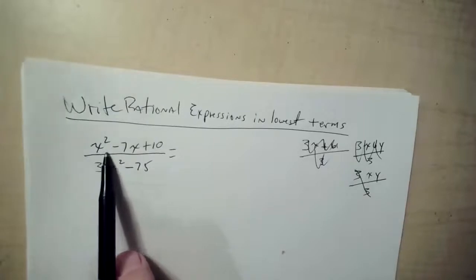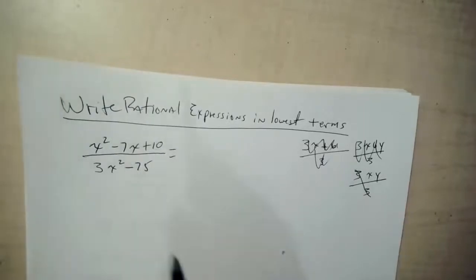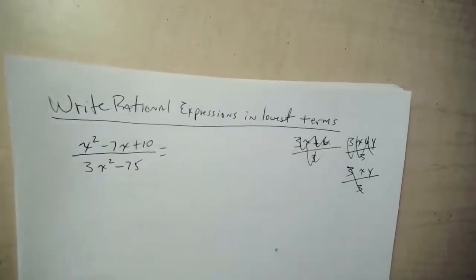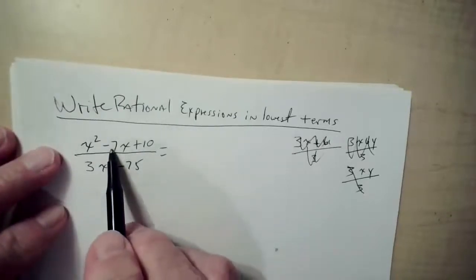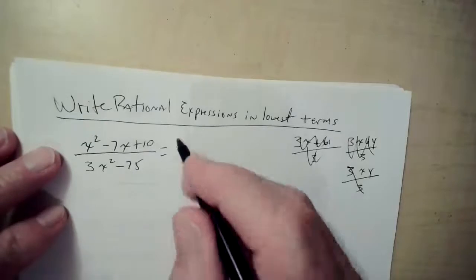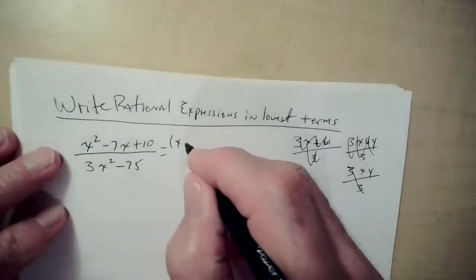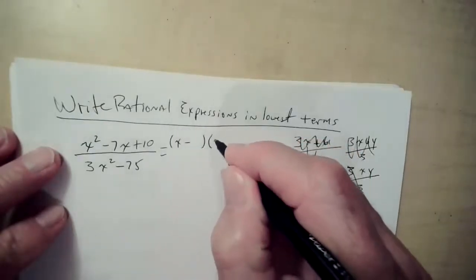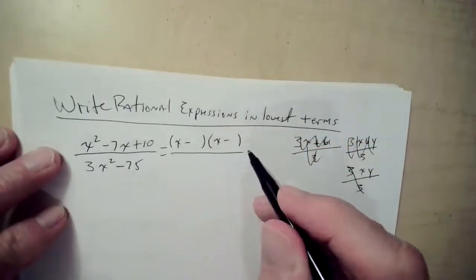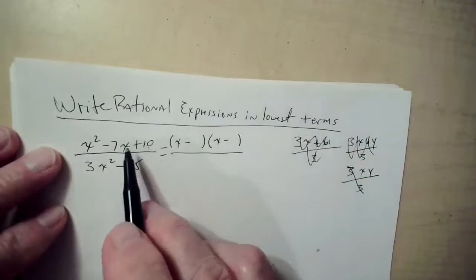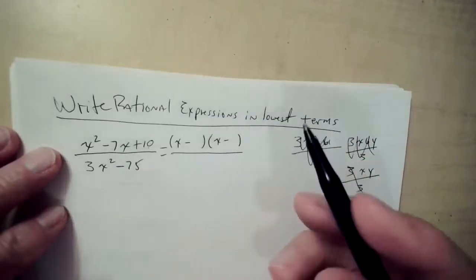So what we have to do here is factor. Now, if the linear term is negative and the constant is positive, it's going to be x minus something and x minus something. Okay, what are the factors of 10 that add together to give 7?